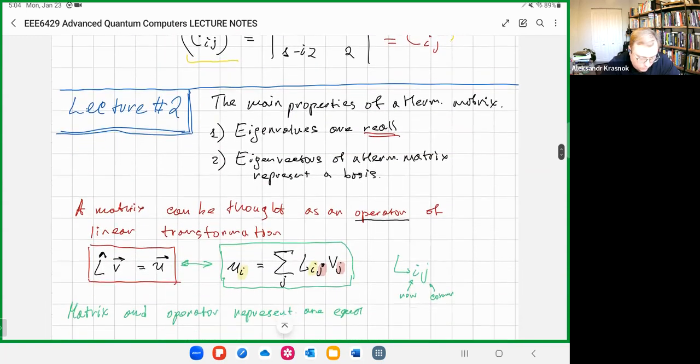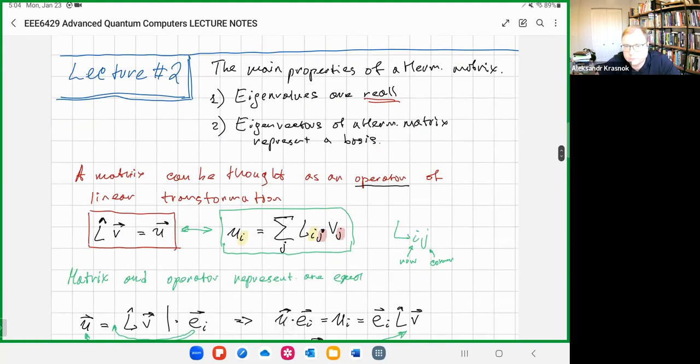Two main properties of these matrices are that their eigenvalues are real, and this is important for quantum because in quantum mechanics all real quantities are represented by Hermitian matrices and Hermitian operators. We will discuss that in what follows.